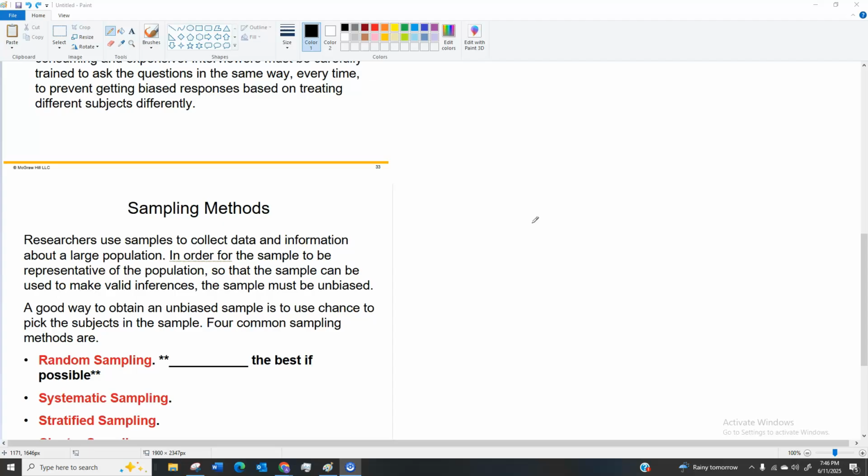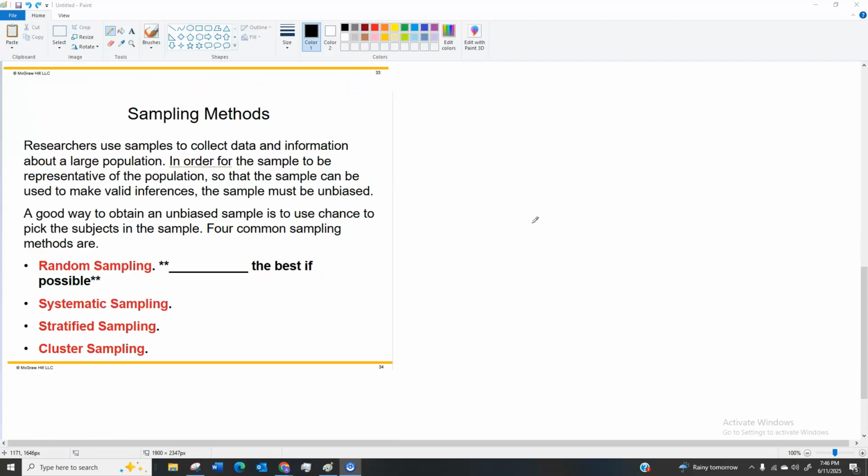So now we're going to talk about sampling methods. How do you sample? So researchers use the samples because, again, we can't usually survey the entire population, but we want it to be representative of the population. And so you want it to be unbiased.